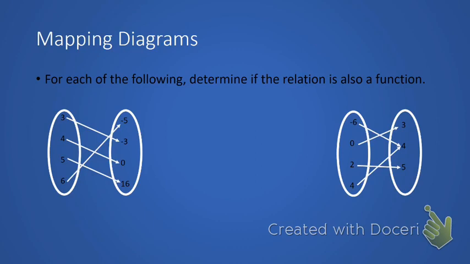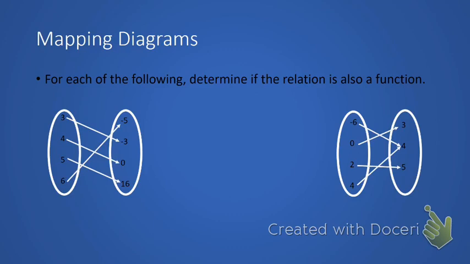For each of the following, determine if the relation is also a function. These bubble things, if you've never seen them before, are called a mapping diagram. Basically, it's the same information I just gave you, where I gave you the ordered pairs, except here we write all the x values in the left bubble, all the y values in the right bubble.